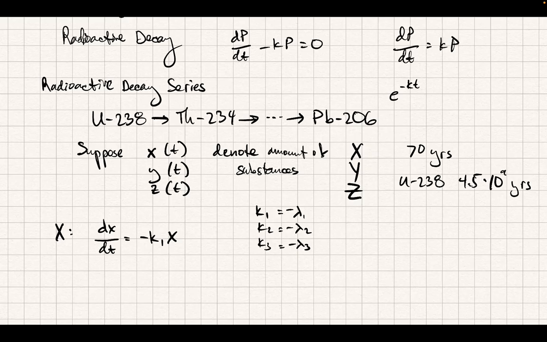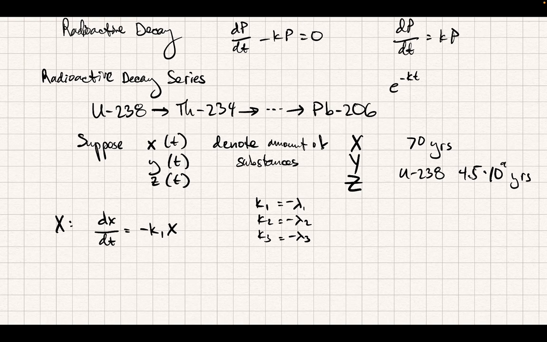Yeah, it's just showing direction. It's reminding me that this is radioactive decay, not radioactive growth. This is the diminishment of my amount based on the amount that's remaining. So far so good. Nothing surprising yet.